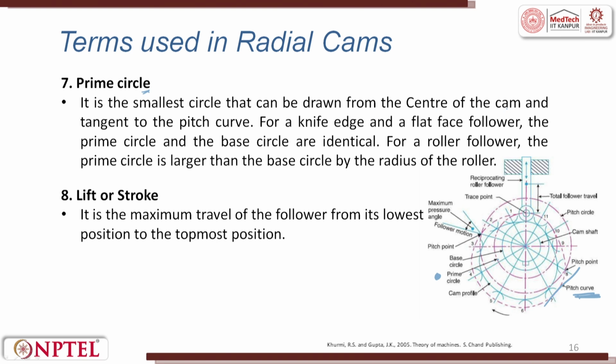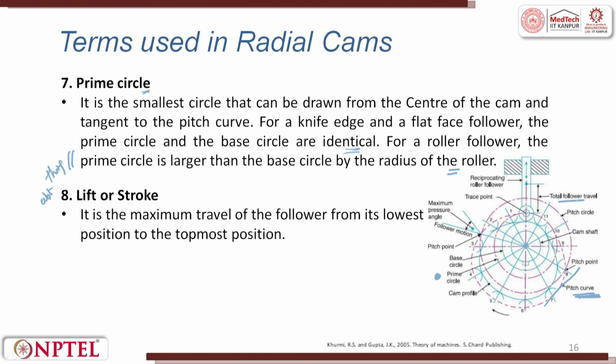For a knife edge and a flat face follower, the prime circle and the base circle are identical. For a roller follower, the prime circle is larger than the base circle by the radius of the roller. So, please think about this point.